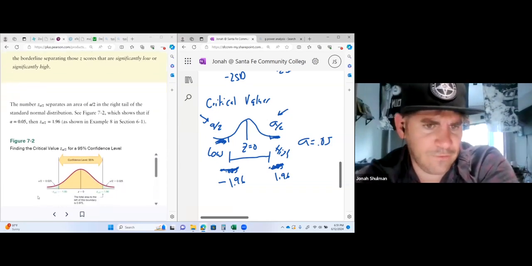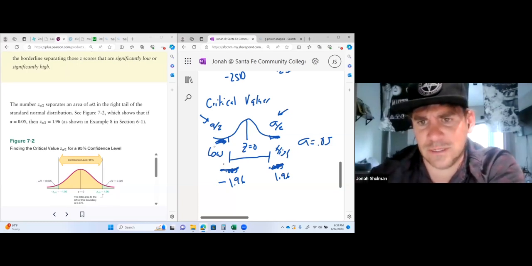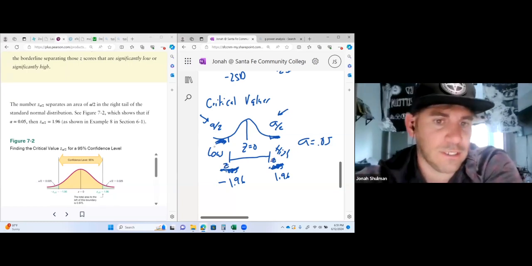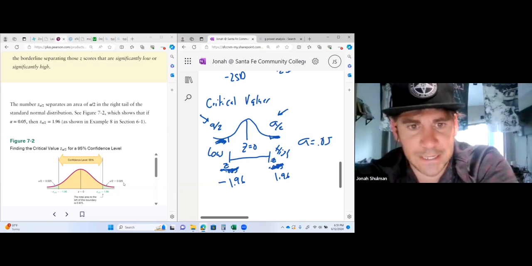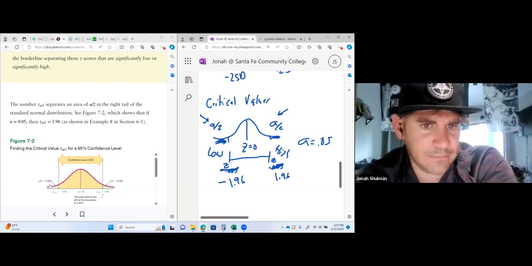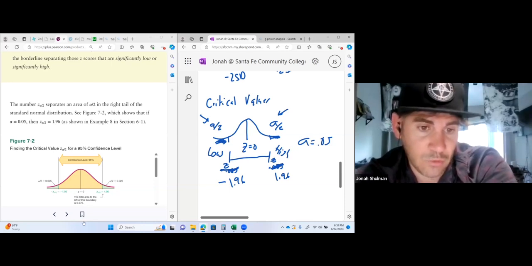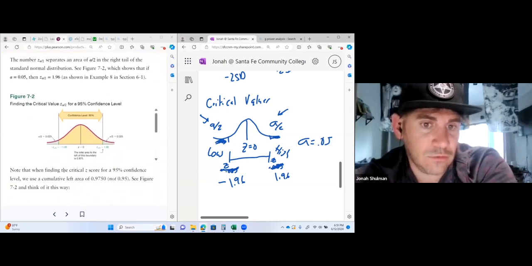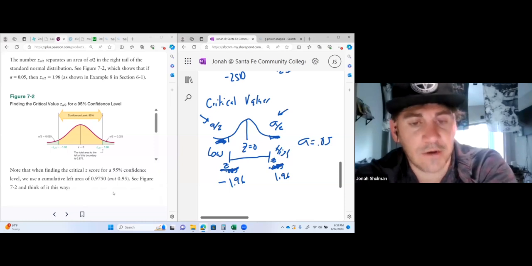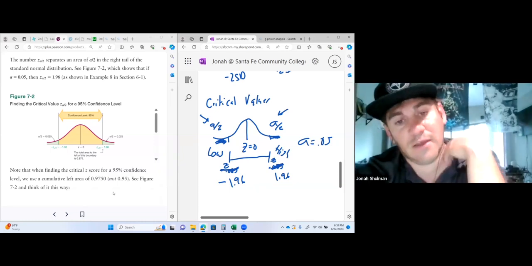The 0.025, the 0.025, because these are z's here, that's why I should leave it as the z-score instead of the percentage. This is 2.5%, negative 2.5%, negative 1.96, 1.96. So we're using this. How sure are we? We are 97.5% sure on that boundary. Note, we use a cumulative left area of 97.5%.